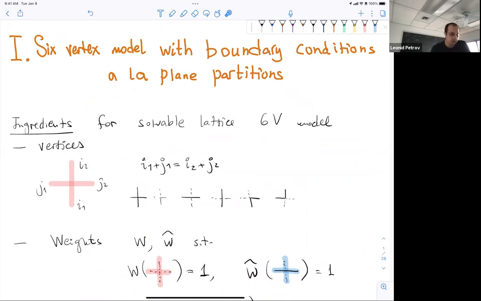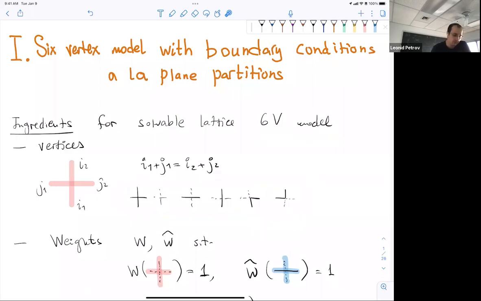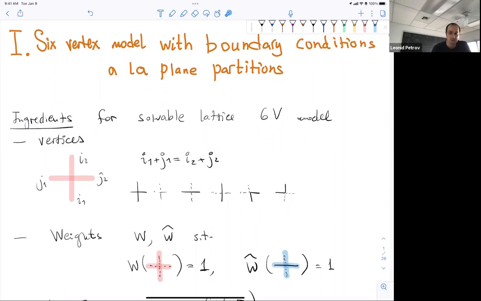So we are going to consider a 6-vertex model, which has 6 kinds of weights and 6 kinds of vertices. And I'm going to represent these by up-right paths. And I'm going to pick 2 of the normalizations of the weights.